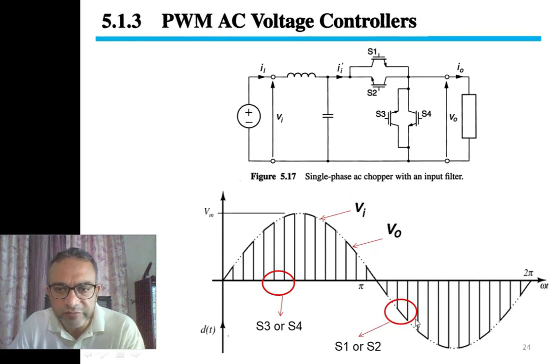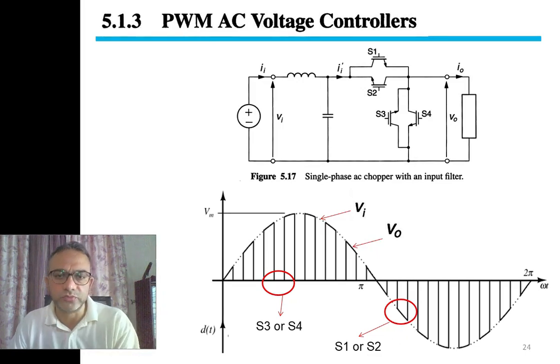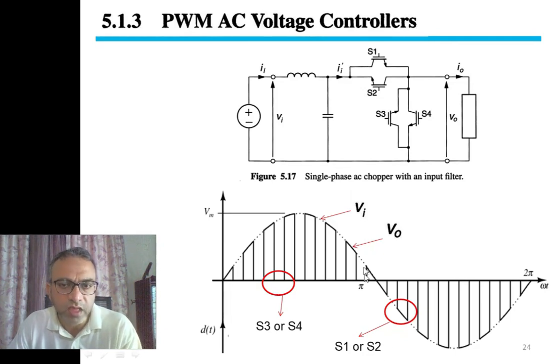For example, here the output voltage is following the input voltage due to turning on of either S1 or S2. Since for this case it is in the negative half, this is caused by S2. If we were in the positive half, the sine wave in the positive half is due to S1.